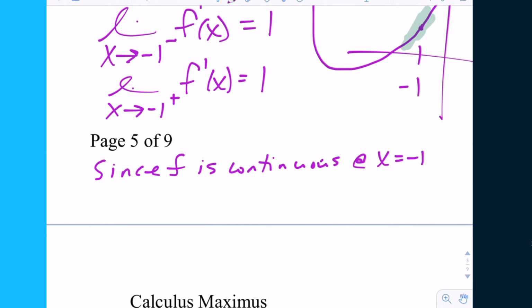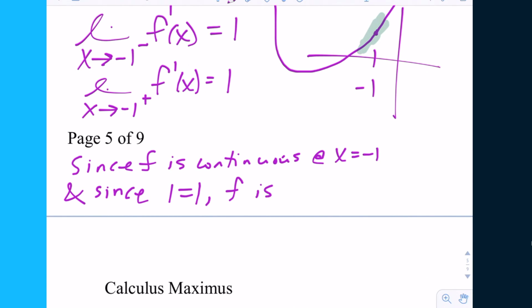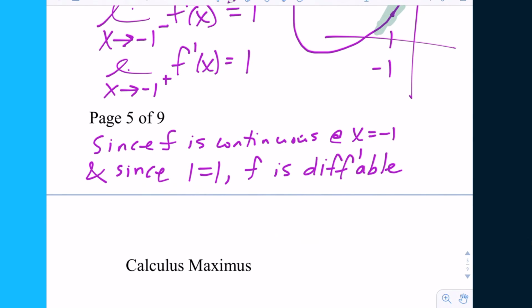Since f is continuous at x equals -1, and again, that was a given, and since 1 equals 1, and again, when I refer to those two ones, I'm referring to the ones up above, comma, f is differentiable. And this is where I like to abbreviate it, diffable, which feel free to do all year long until the morning of May 9th, which is not only missing sock day, but the AP Calculus exam. Okay. F is diffable at x equals -1.